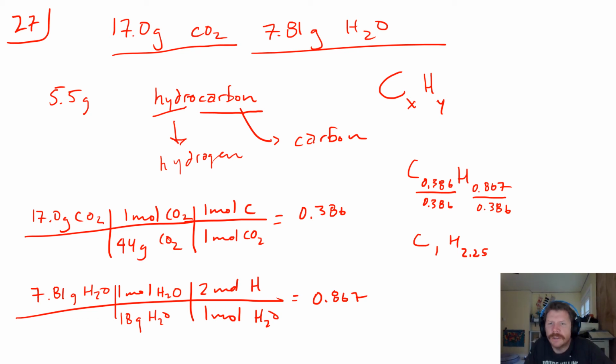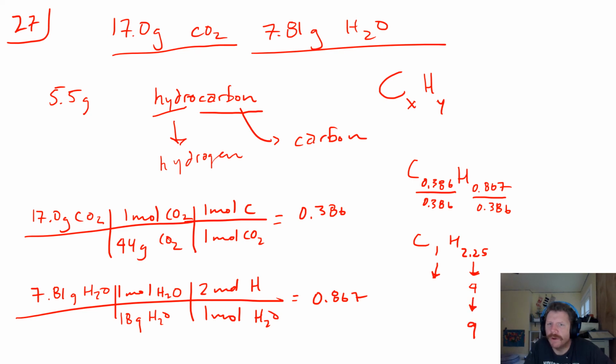Now, looking at these two numbers, I don't want to divide anything because I don't want to break that whole number 1 down any further. But let's say that I multiplied 2.25 by 4. That would be 9.